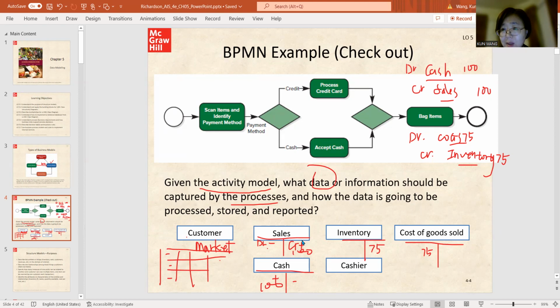Not numerical data, but we still need to maintain that, like customer purchasing history, customer preference, and age. We can use those data with AI to learn consumer behaviors so we can make promotions. So data is very important, all sorts of data. And who probably maintains the cashier data?